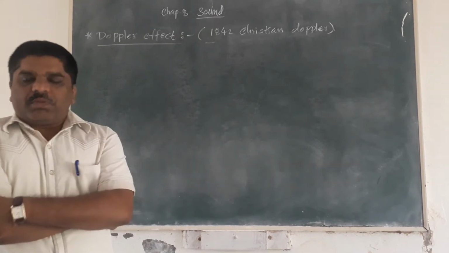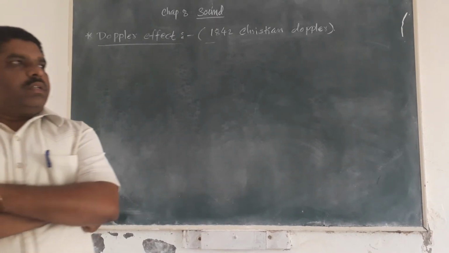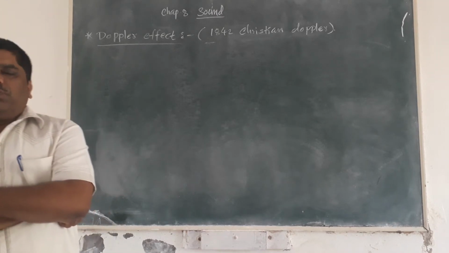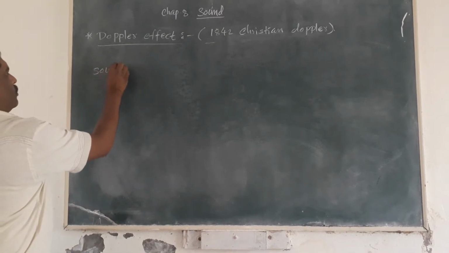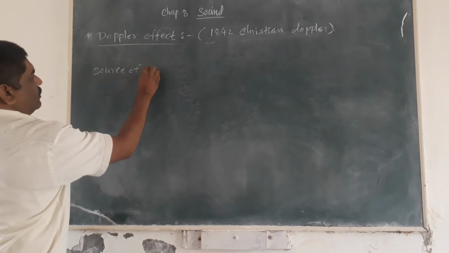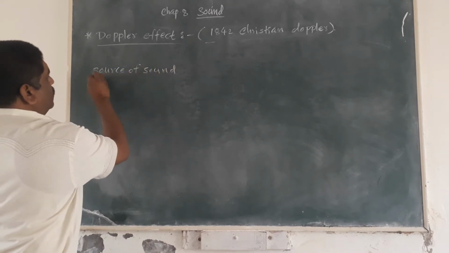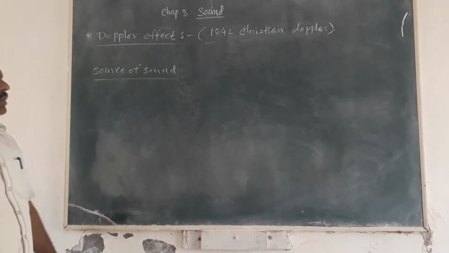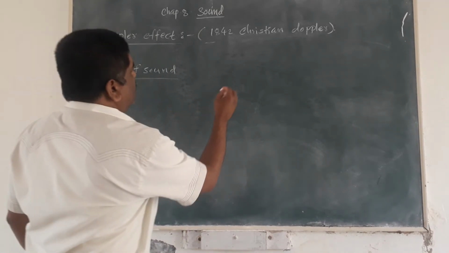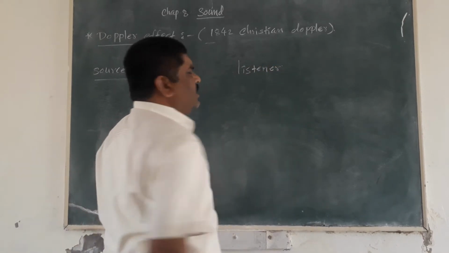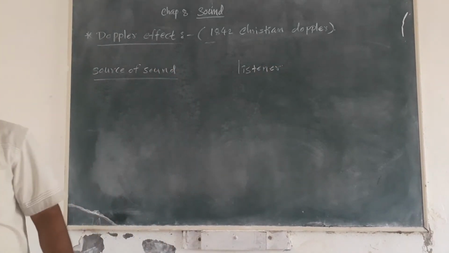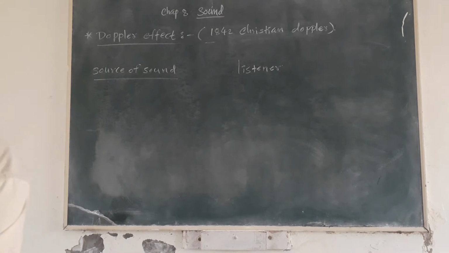The concept of the Doppler effect is this: there are two objects, one is the source of sound and the other is the listener or observer.